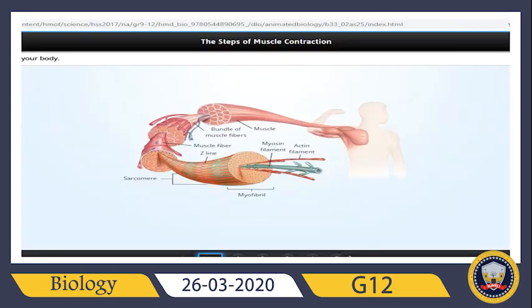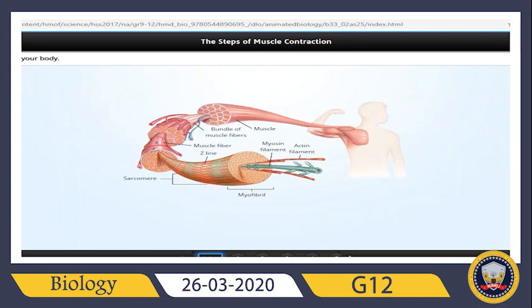Okay, so again, guys, inside the muscle, we will find muscle fiber. The muscle fiber is composed of myofibril. Myofibril is composed of sarcomere. In the sarcomere, we will find Z line and M line.